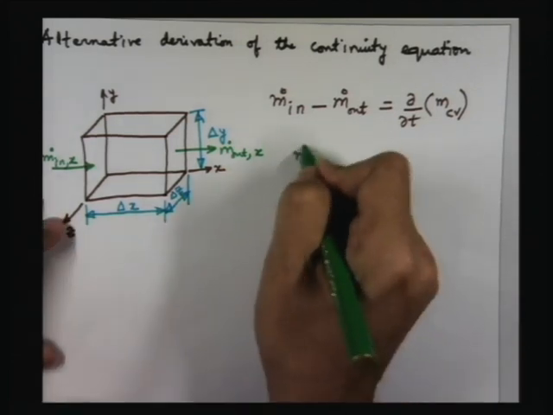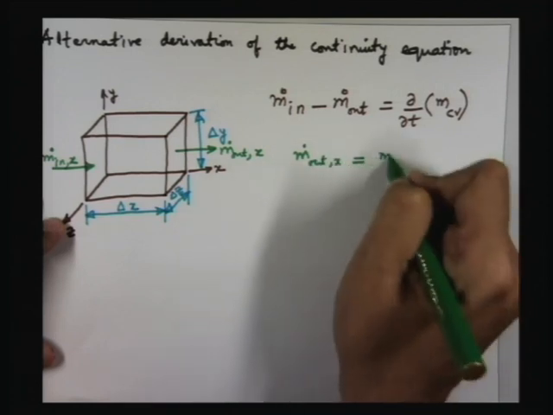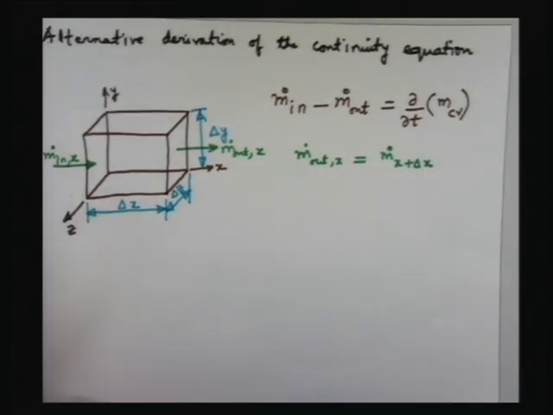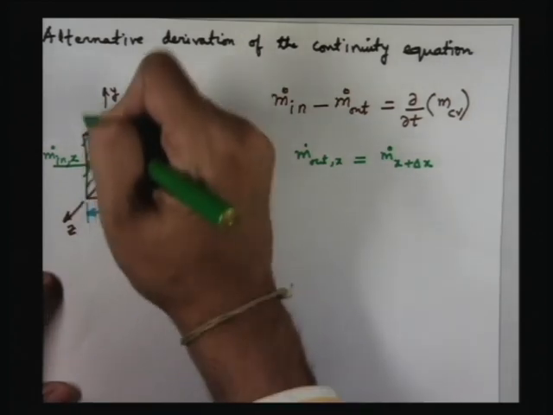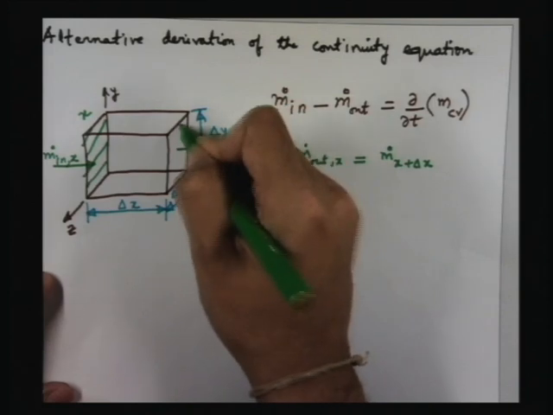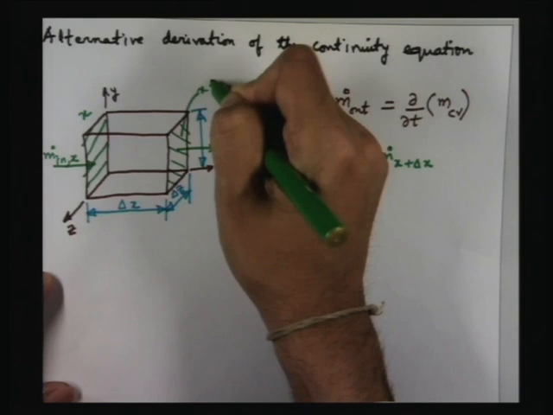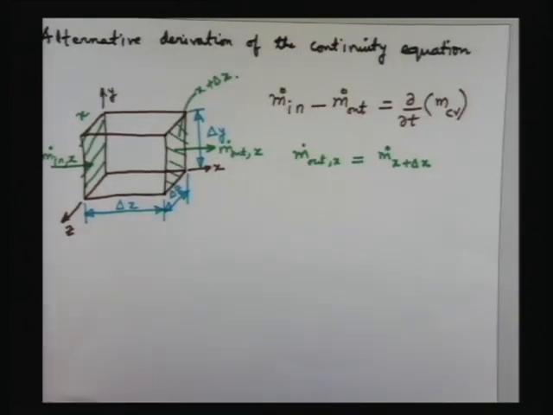So m dot out along x is nothing but m dot at x plus delta x, right? That is the mass flow rate. If this face is denoted by x, then this face must be denoted by x plus delta x. Alright.